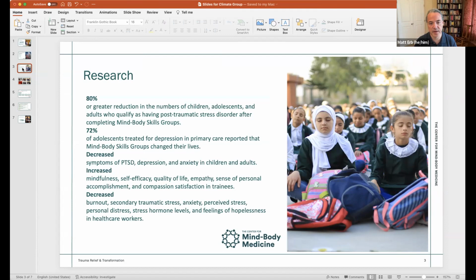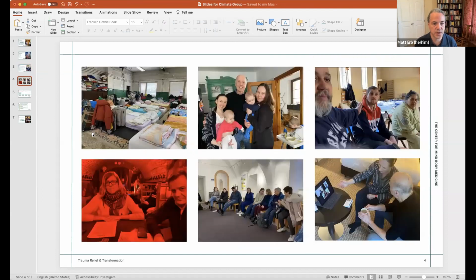So there were positive indicators across a number of measures. In general, we see decreased symptoms of PTSD, depression, and anxiety, increases in mindfulness, self-efficacy, reported quality of life, empathy, and active compassion, and decreased burnout, particularly among caregivers and healthcare workers who are supporting often challenged populations and communities. We have a full research and references summary that I'm happy to share with anyone if that's of interest to you.